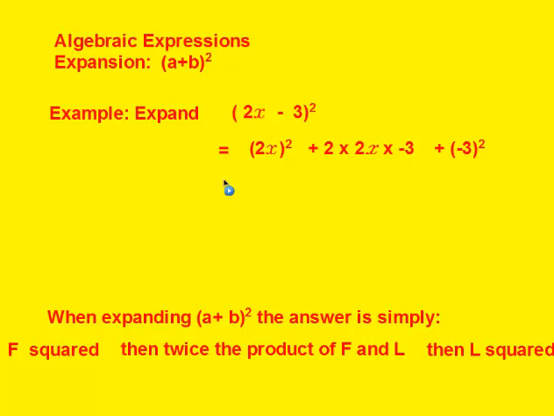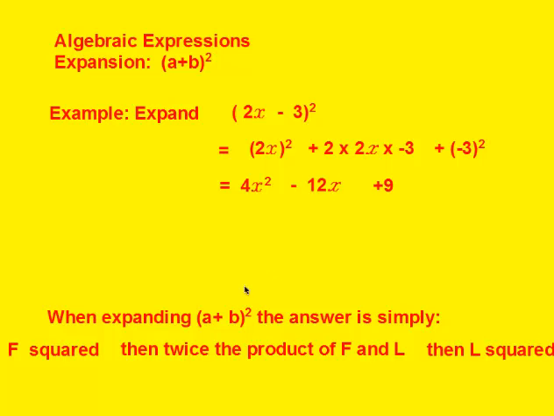Negative 2x times negative 2x, well 2 2s are 4, x times x is x squared, so it's 4x squared. This one, 2 2s are 4, 4 times negative 3 is negative 12, times x is negative 12x, so it's subtract 12x, and negative 3 squared is positive 9, so it's just adding 9.